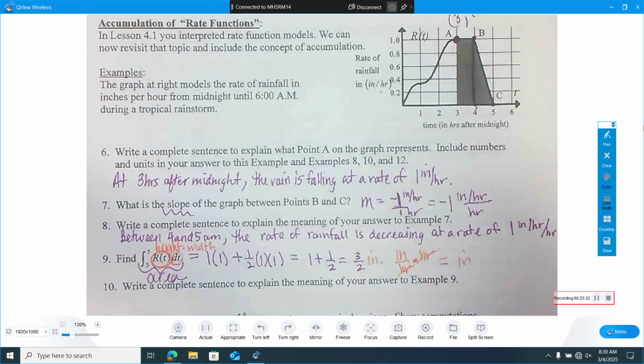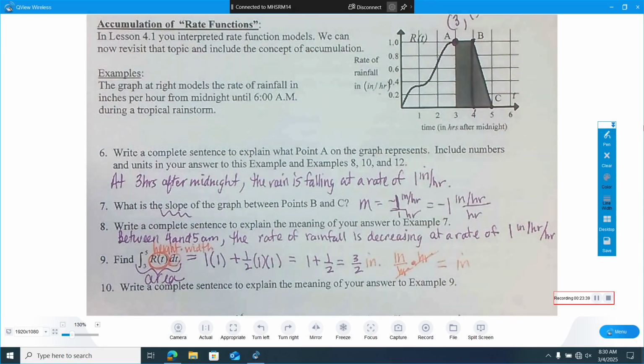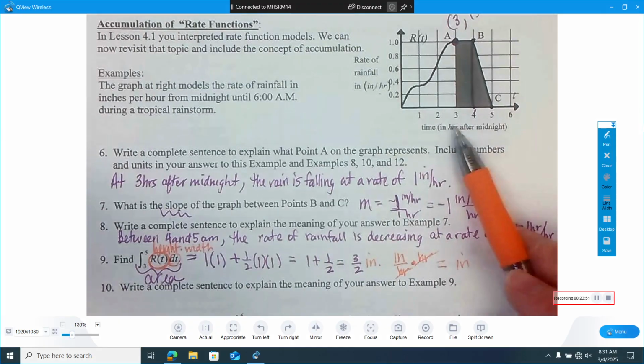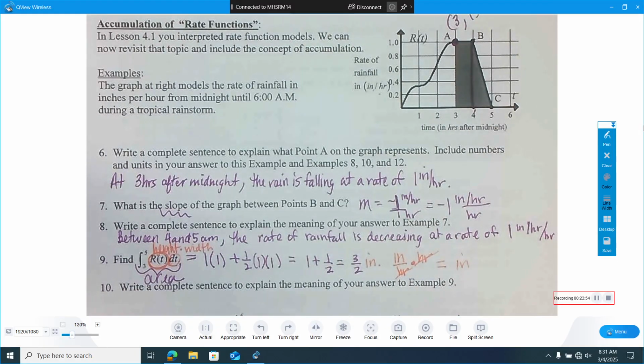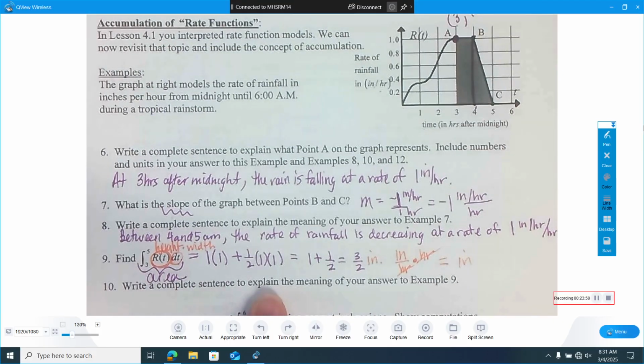And so what we've got here is, wow, so that means this shaded area, when we find that integral, when we find that area, we're looking at how much rainfall, inches of rainfall that we got between 3 and 5 a.m., okay? And when you think about it like that, that is the complete sentence.